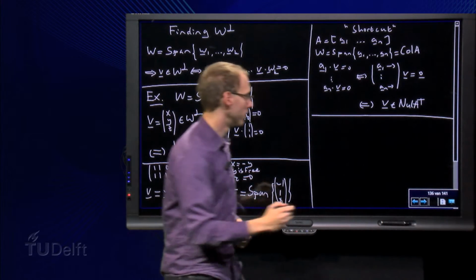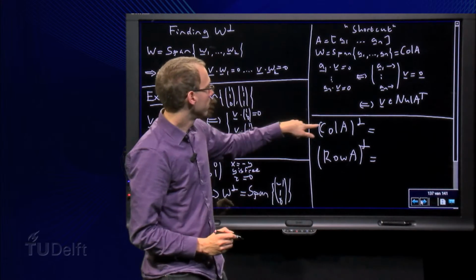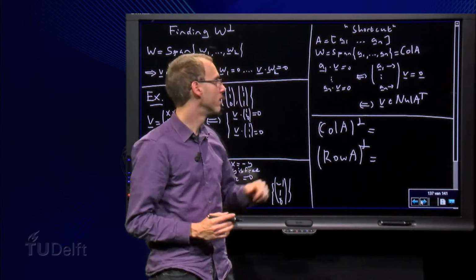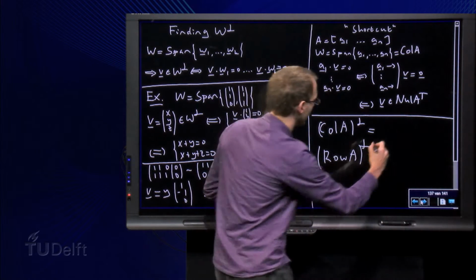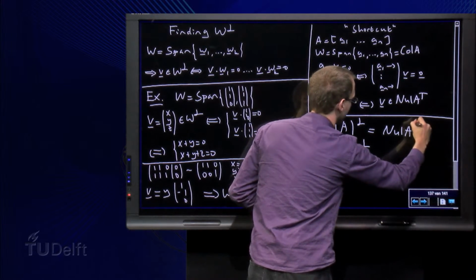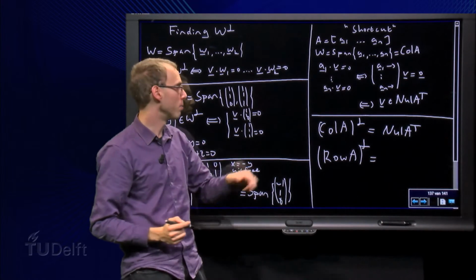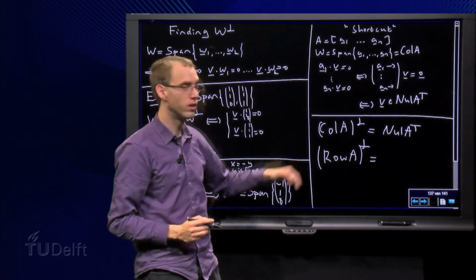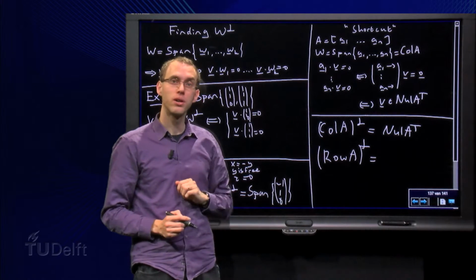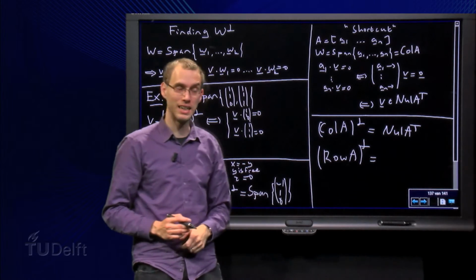So in summary, the perpendicular of Col A equals, as we saw, just the null space of A transpose. And if you interchange rows and columns in Col A, you get the row space of A. If I interchange rows and columns on the left-hand side, I also have to do it on the right-hand side.